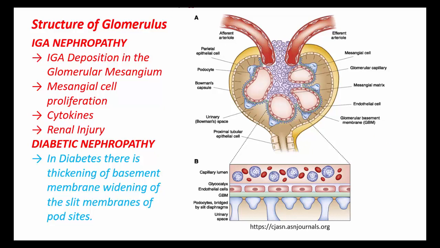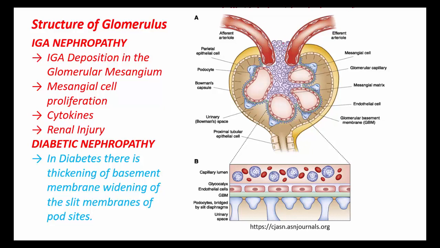When we see here, there are some arterioles. One is afferent, the other is efferent. The afferent arteriole supplies blood to the glomerulus, and the efferent arteriole takes the blood away from the glomerulus.